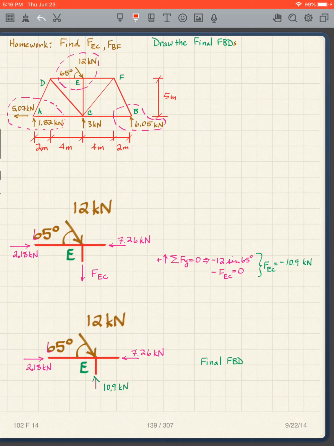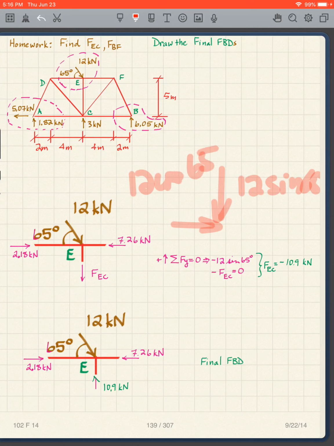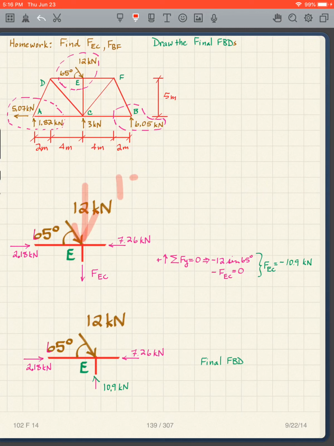That, of course, is going to be 12 sine 65 going downward, 12 cosine 65 going to the right, and so doing it in your head a little bit, what do you see? So I'm going to have my going down is the 12 sine 65, so that's negative 12 sine 65. This is going downward also, so it's minus, and gives me that for that member.